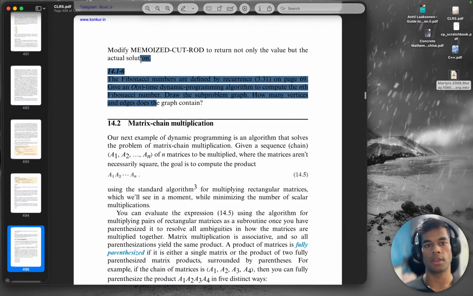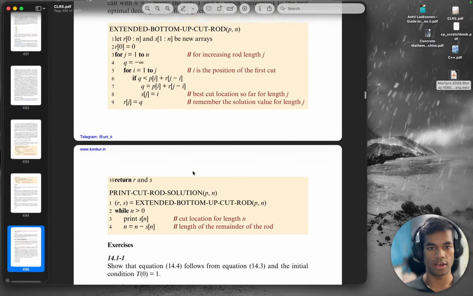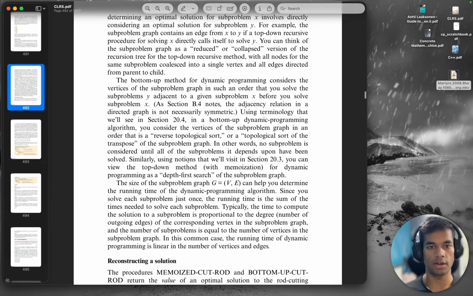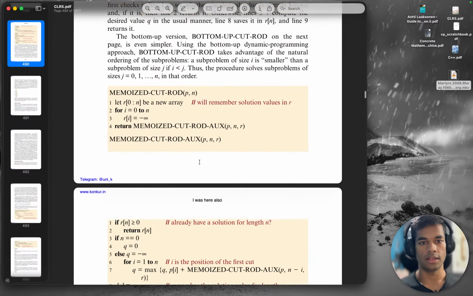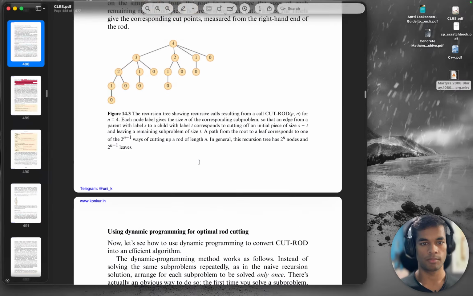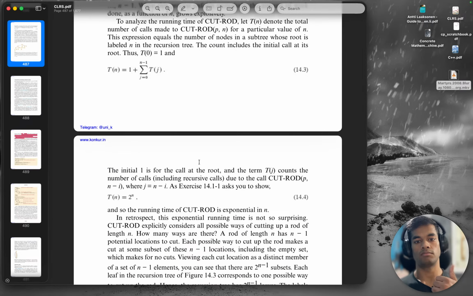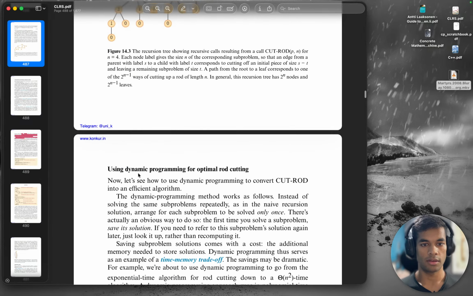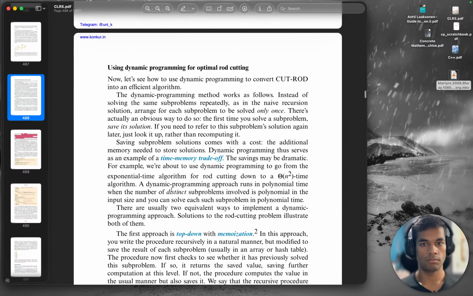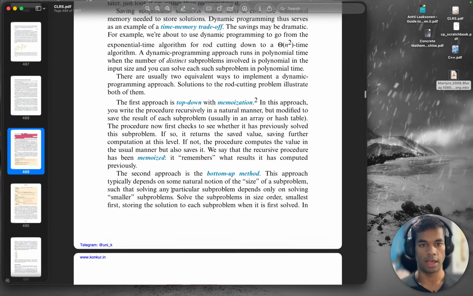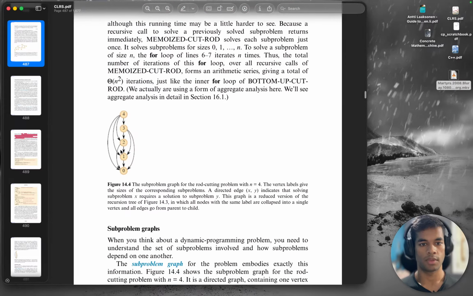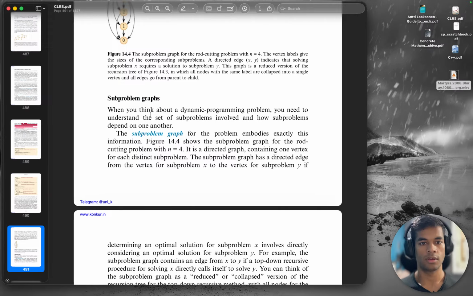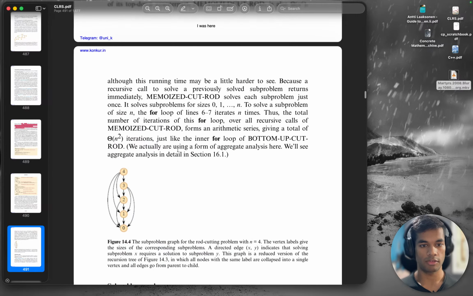And yes, before beginning, in the rod cutting example in the first part of this chapter, they stated a few things: there is a subproblem graph, which is a directed acyclic graph, and this is one way to represent our subproblems.